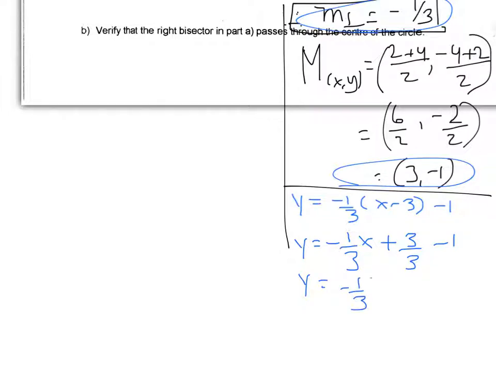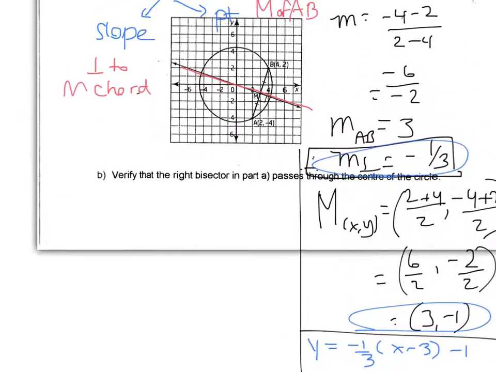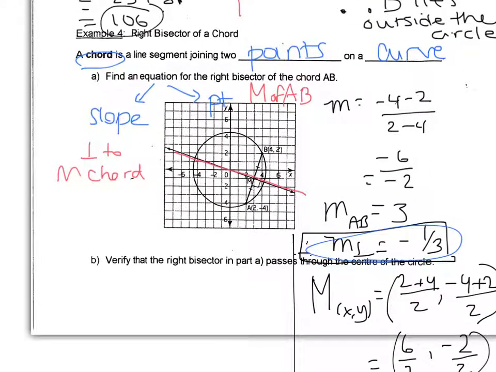So negative 1/3 x plus 1 minus 1 equals negative 1/3 x. The y-intercept of this equation would be 0. Now looking at the picture, does it go through 0, 0? Yeah, it absolutely does.